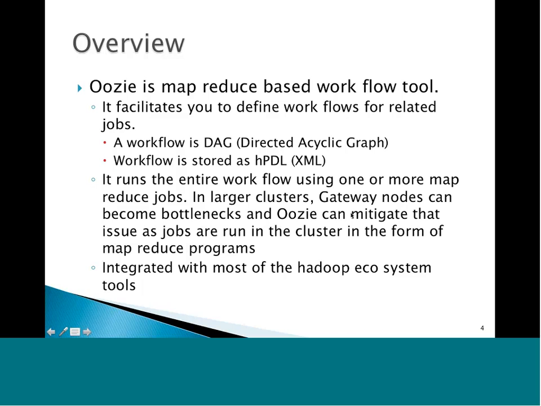In larger clusters, gateway nodes can become bottlenecks, and Oozie can mitigate that issue as jobs run in the cluster in the form of MapReduce programs. So one of the advantages of using Oozie is this.